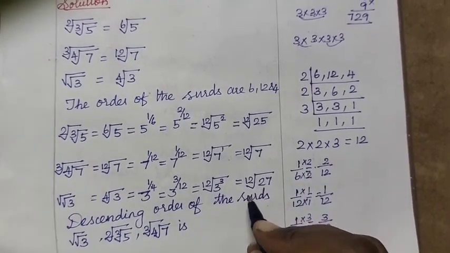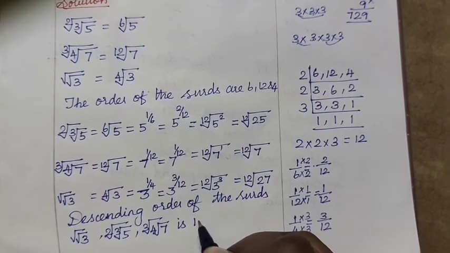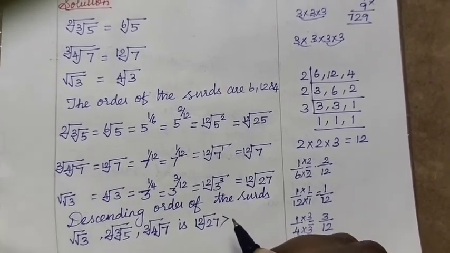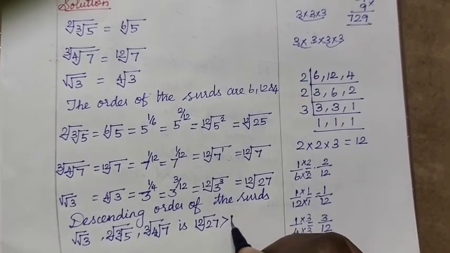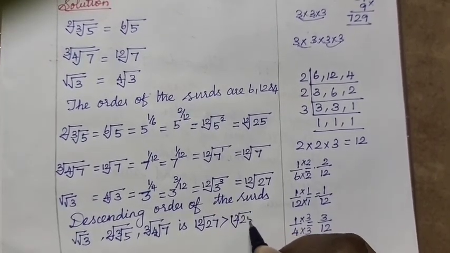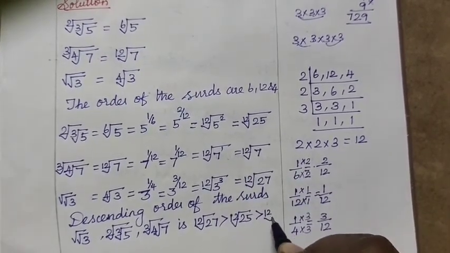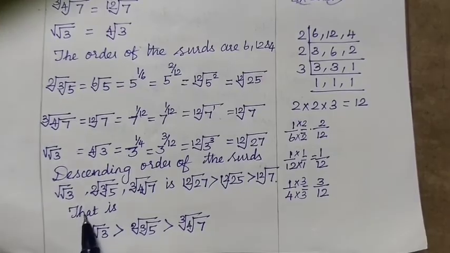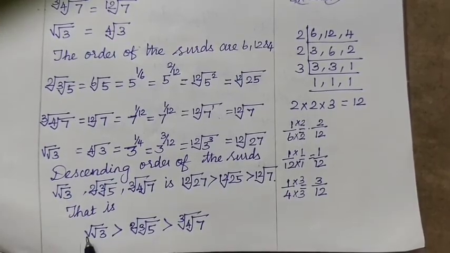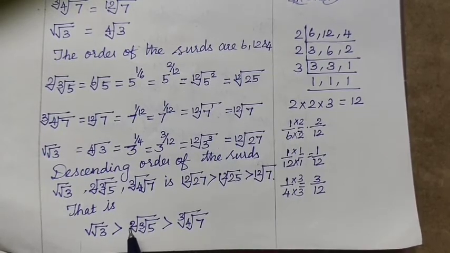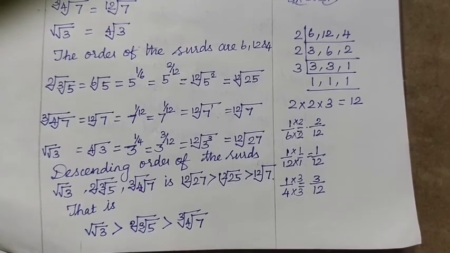What are the values we have found? 12th root of 27, 12th root of 25, then 12th root of 7. That is, square root of 3 is greater than square root of cube root of 5, greater than cube root of 4th root of 7.